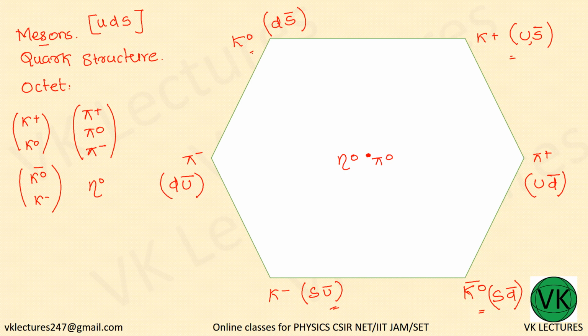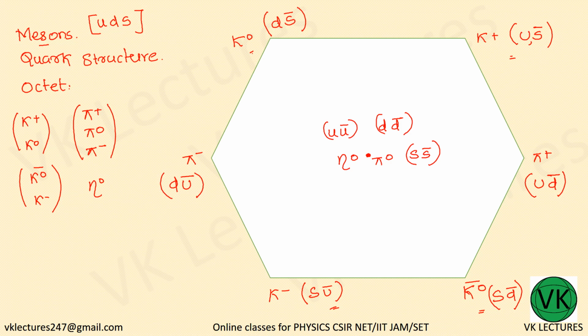They are made up of a quark and an antiquark, u u bar, or d d bar, or s s bar. It is not a strange particle. Eta naught and pi naught are not strange particles.